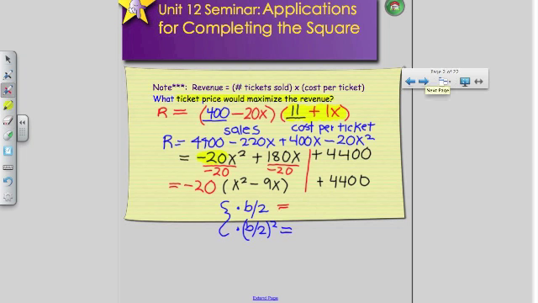So negative 9 divided by 2, let's keep this to a decimal, negative 4.5. If my B divided by 2 value is negative 4.5, then negative 4.5 squared is going to give me positive 20.25.